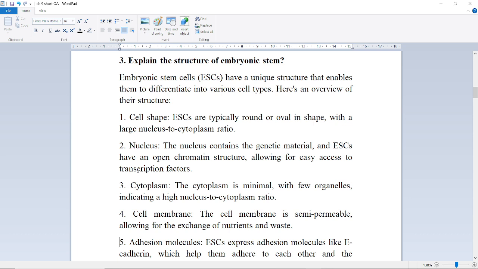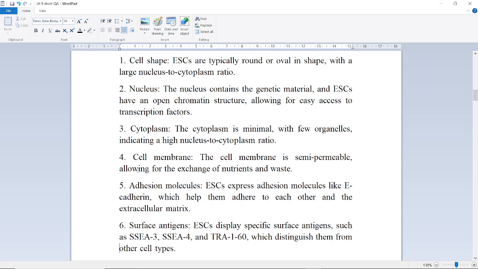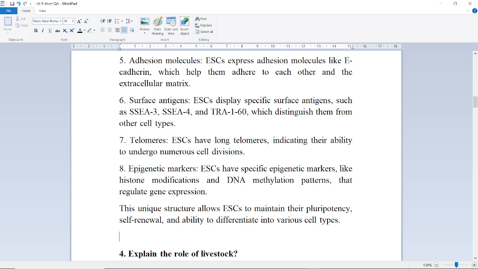Adhesion molecules. Embryonic stem cells express adhesion molecules like E-cadherin, which help them adhere to each other, and the extracellular matrix. Next is surface antigens.